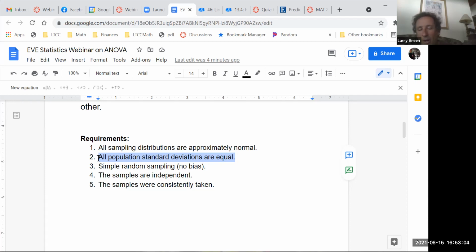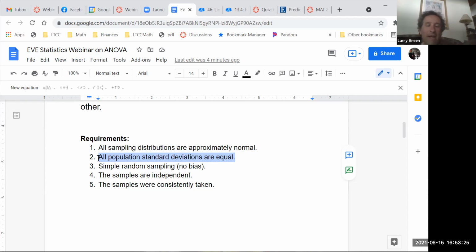You know what it means to say it, but to actually check that the standard deviations are equal, that's brutal. You need advanced statistics. We can't do it.